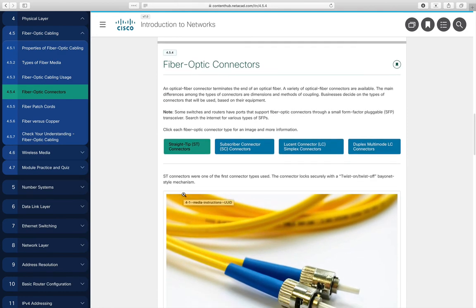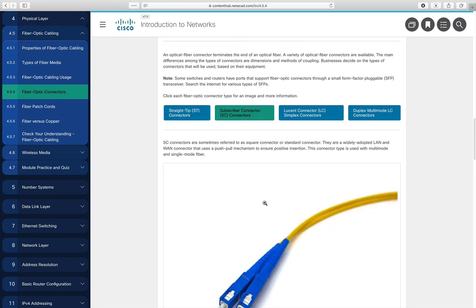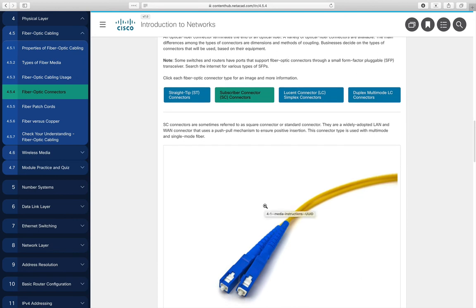As far as connectors, there are different types of connectors. This is called a straight through connector because basically the fiber goes straight through and connects in and twists on, kind of like a BNC connector. We also have something called a subscriber connector, which is kind of similar, except we have a square snap-in type connector on the end.